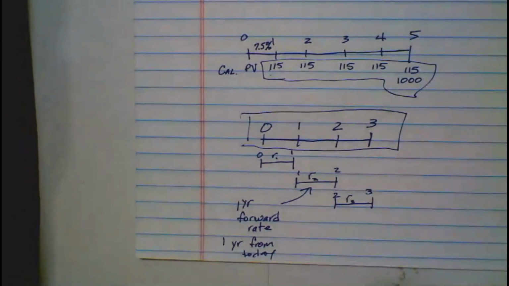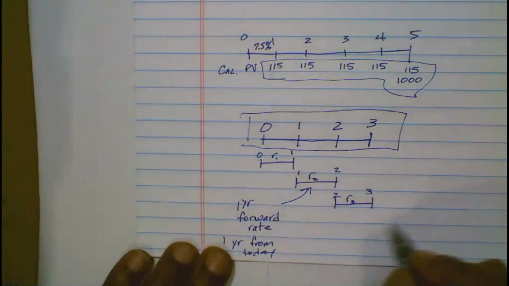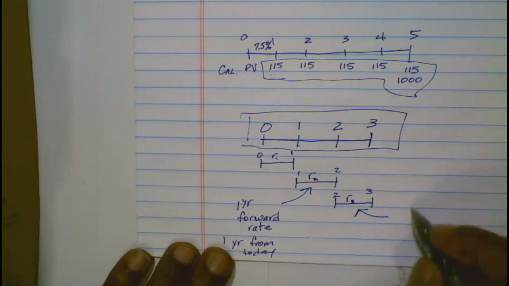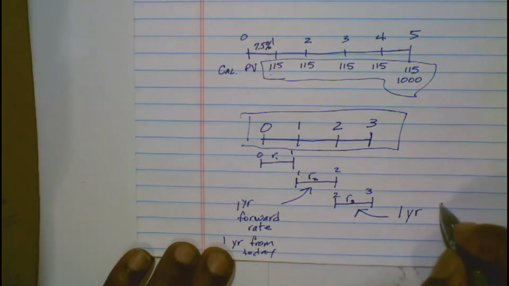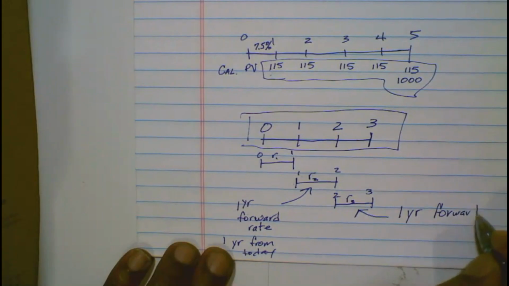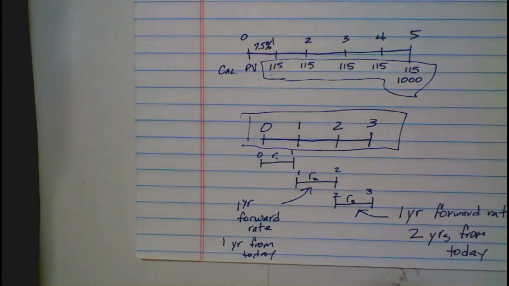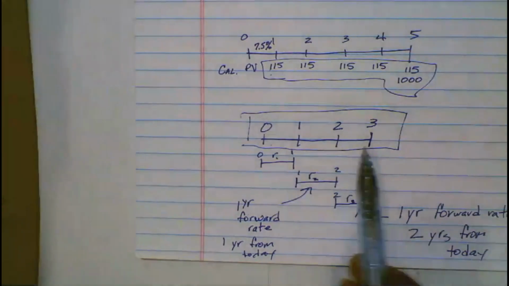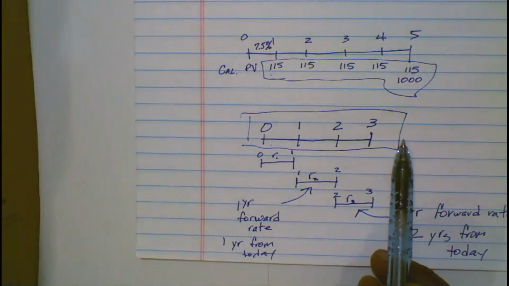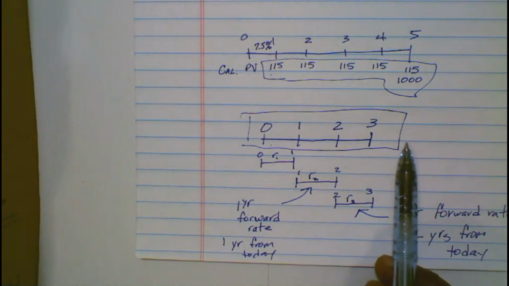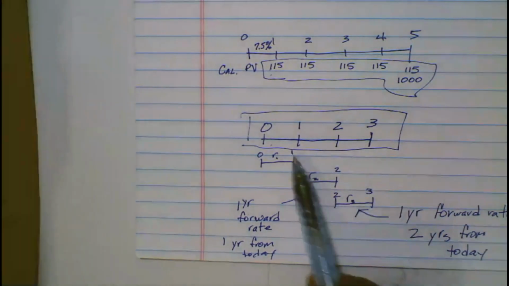All right, and we call this one the 1-year forward rate 2 years from today. Okay, the point being here is embedded in a 3-year bond are the expectations of 3 1-year bonds.